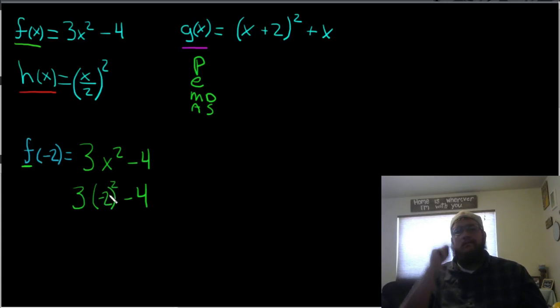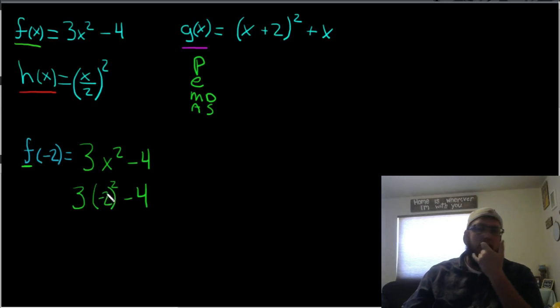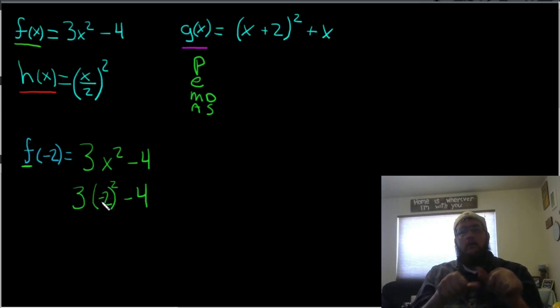And one of the things I noticed, there are a couple of common issues. A lot of students didn't do exponents correctly. For example, let's take this. This is -2 squared, which is going to be -2 times -2, which I'll show you in a second. I'm sorry, let's back up.